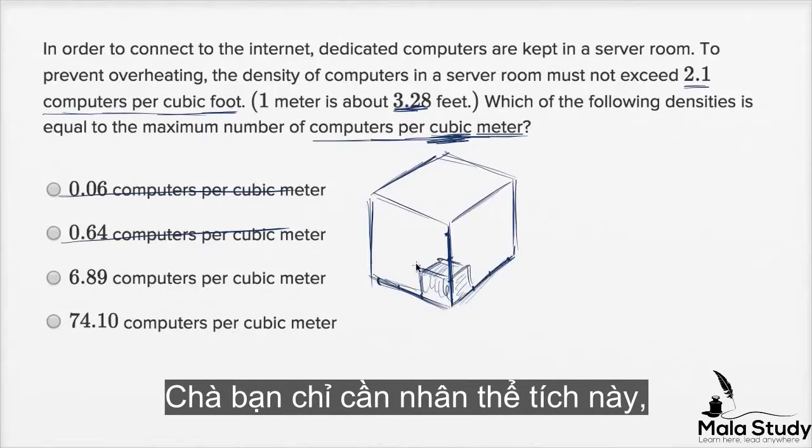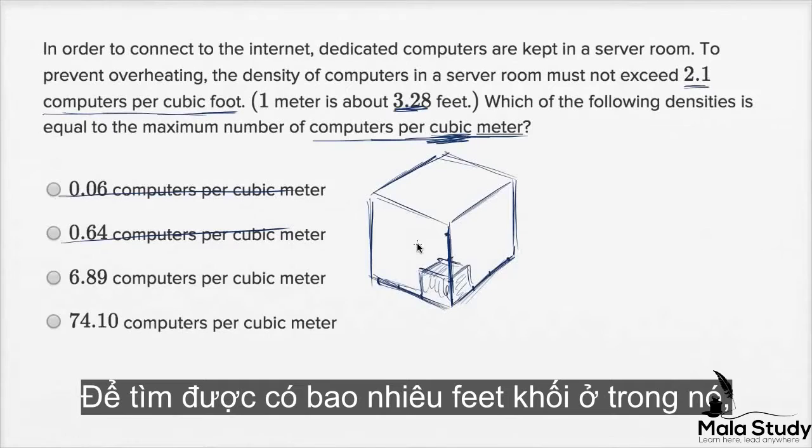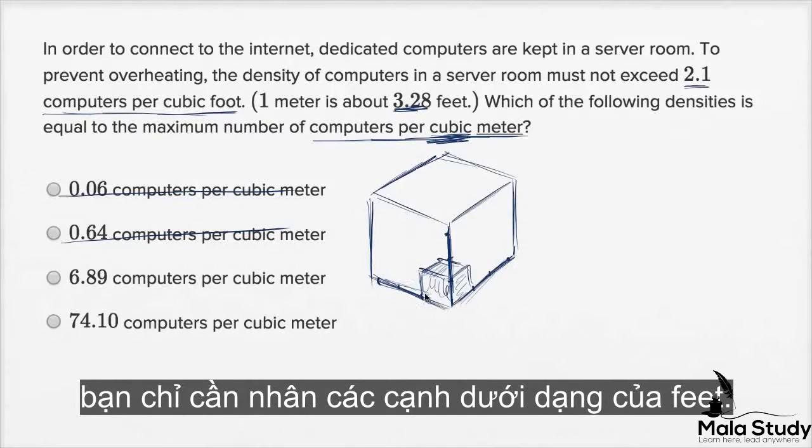You could just multiply this volume. To figure out how many cubic feet a cubic meter is, you multiply the dimensions in terms of feet.